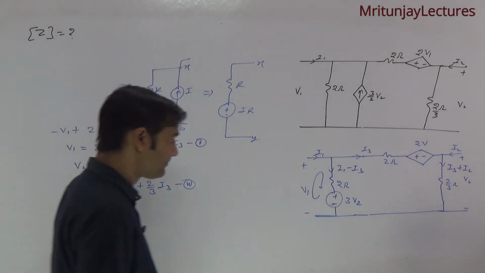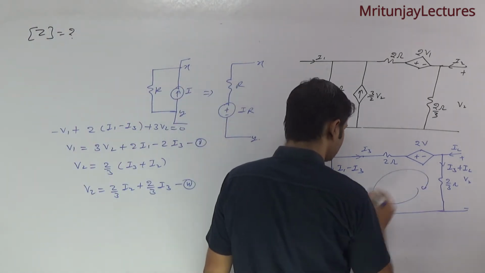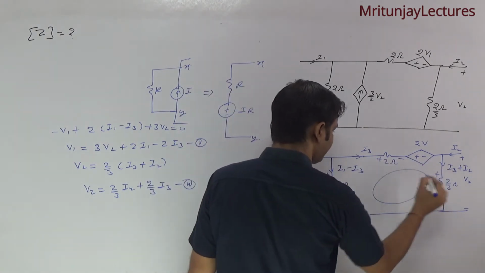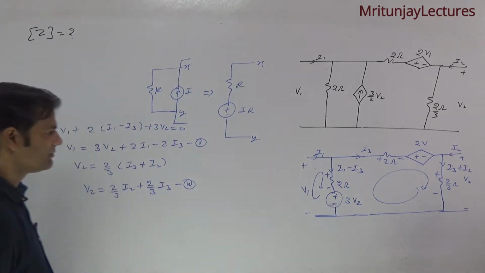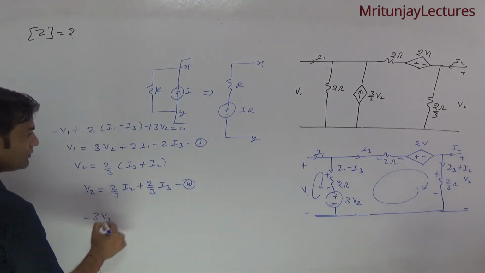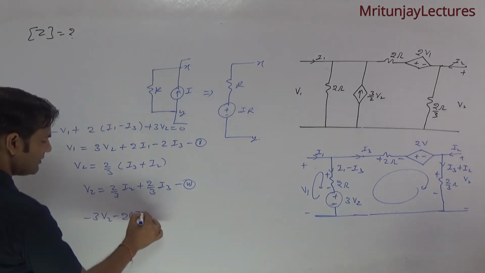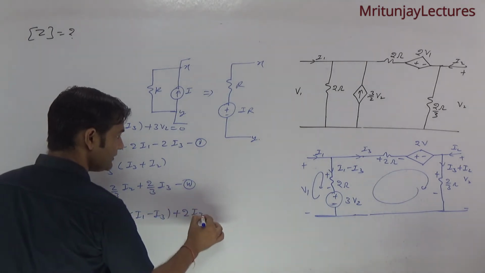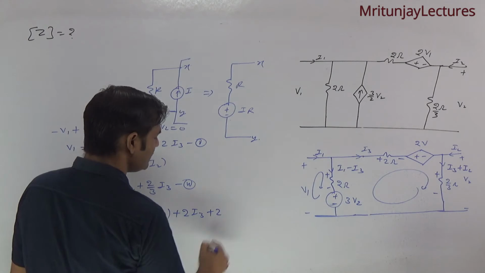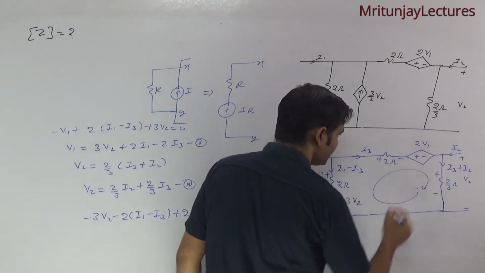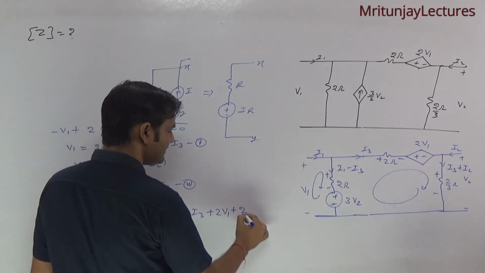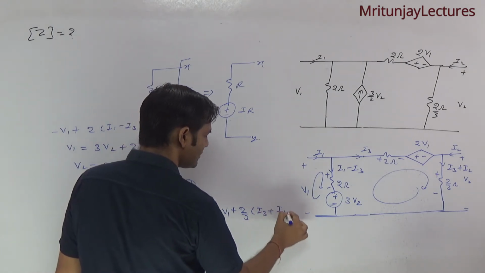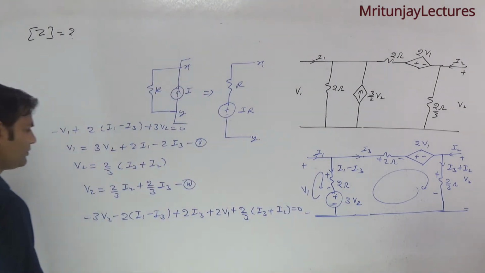Now apply KVL in this loop, with the polarity corresponding to minus 2 plus minus 3 V2 minus 2 into I1 minus I3 plus 2 I3 plus 2 V1, that is V1, plus 2 by 3 into I3 plus I2. This will be equal to 0.